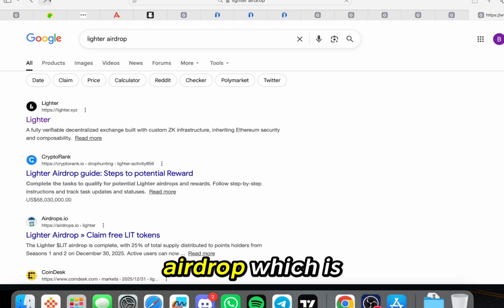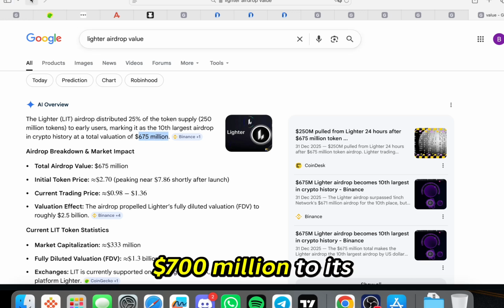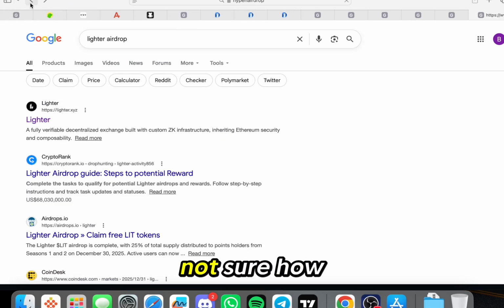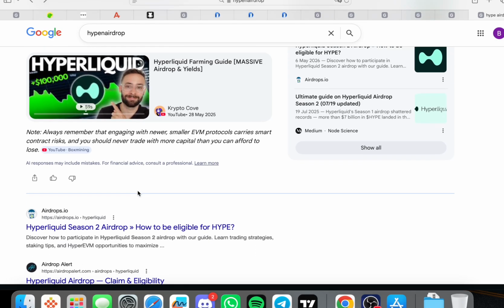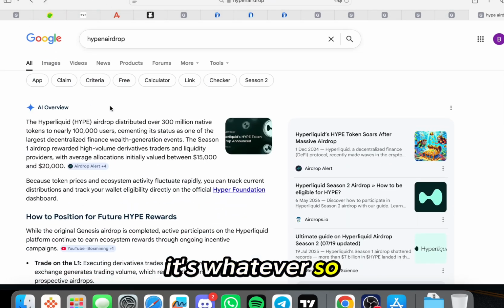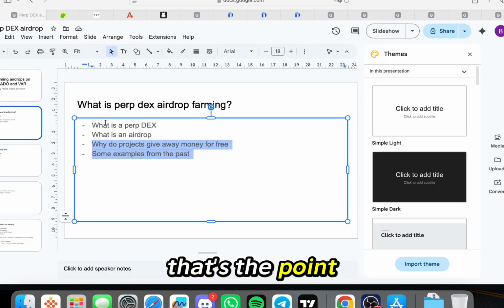And another airdrop, which is also a DEX, was Lighter, which gave away $700 million to its users, so people got rich of that as well. They made 6 figures, some made 7 figures. I'm not sure how much was airdropped in total, but you can make a lot of money with airdrops. That's the point.